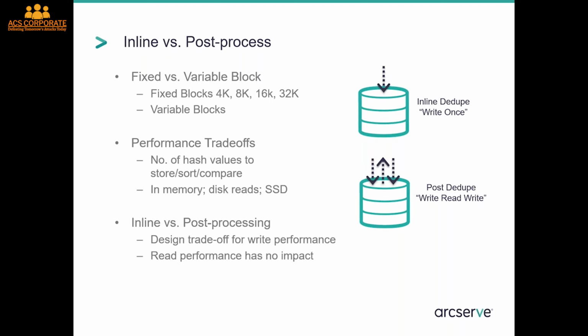Eventually you will get the benefit of dedupe once the post-process has kicked in, but initially you don't, because you have to land the full size of the backup to the disk. So there are performance trade-offs, but I think technology has moved on and that has become less of an issue. We believe that inline is more efficient for the reasons that I've stated.